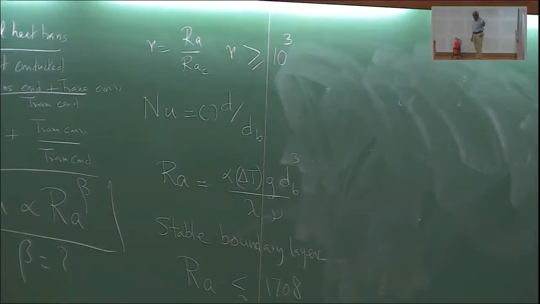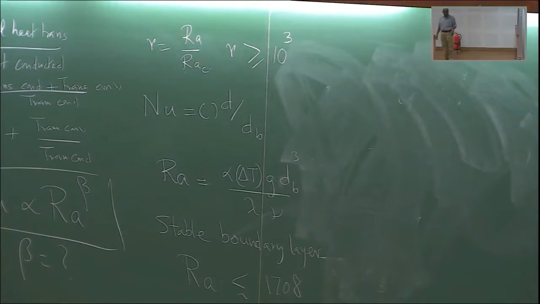Mind you, that's a bit of a cheat, in the sense that if you try to get that 1708 by doing the procedure that Professor Govindan was indicating over the last couple of days, then you would have to look at the critical Rayleigh number for the destabilization of the conducting state which doesn't have any velocity. So it's a zero velocity heat conducting state.